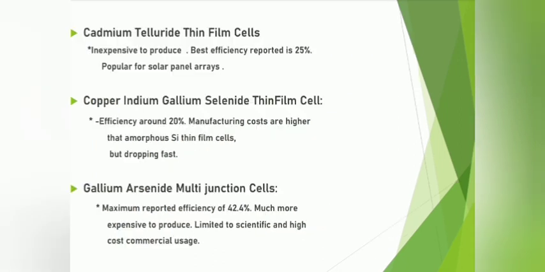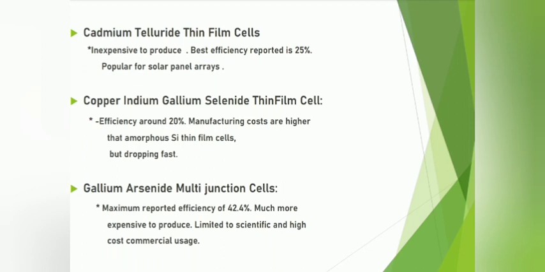Another is cadmium telluride thin film cells. These are inexpensive to produce, with best reported efficiency of 25%, and are popular for the solar panel arrays that we use in our homes. Copper indium gallium selenide thin film cells are also used.